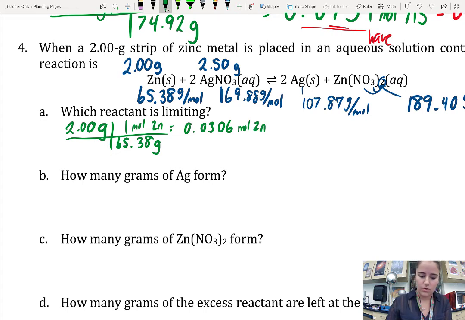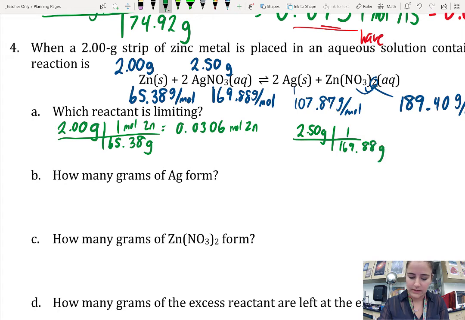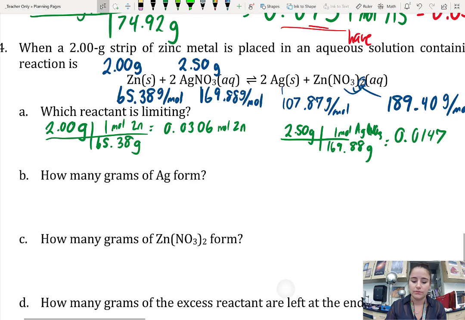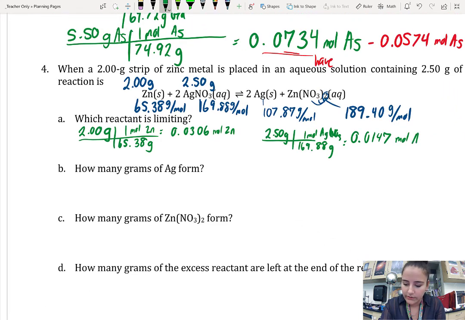Okay, do the same thing for the silver nitrate. 2.50 grams of the silver nitrate. 169.88 grams is 1 mole of the silver nitrate. And we have 0.0147 moles of the silver nitrate.